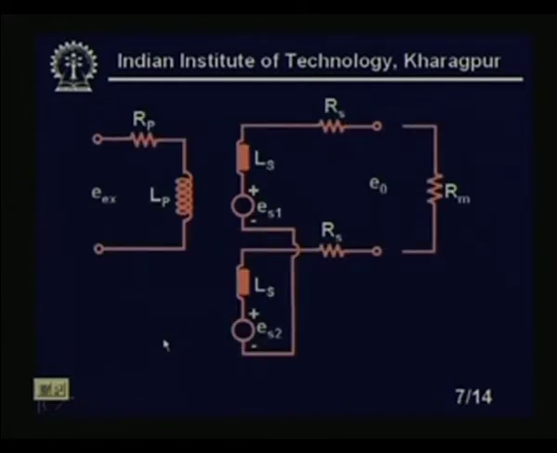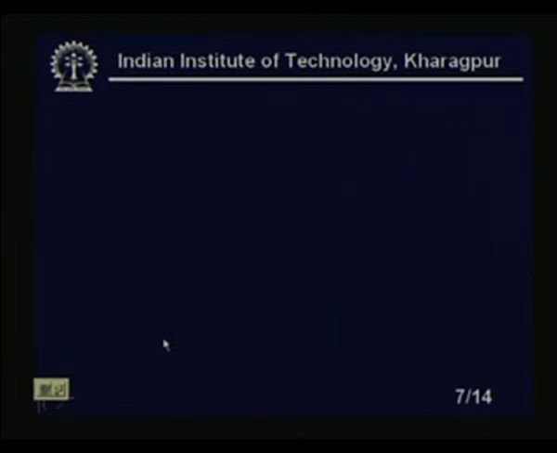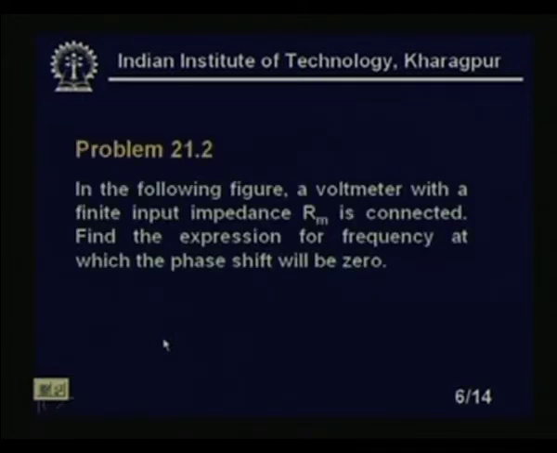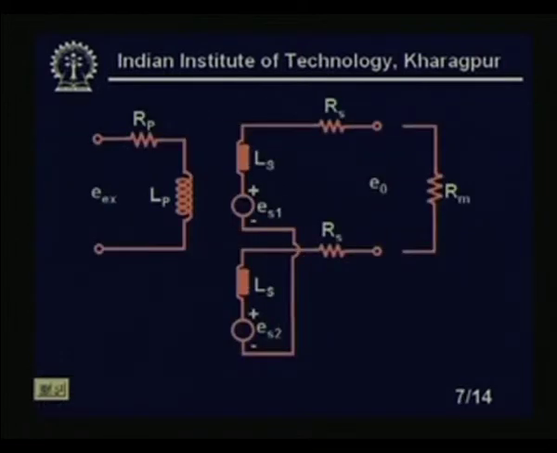This is our circuit. So, let us go back. You see, in the following figure, a voltmeter with a finite input impedance Rm is connected. Find the expression for the frequency at which the phase shift will be 0. Okay, this is our circuit. Okay, you can see here.